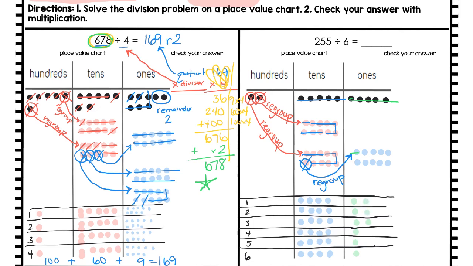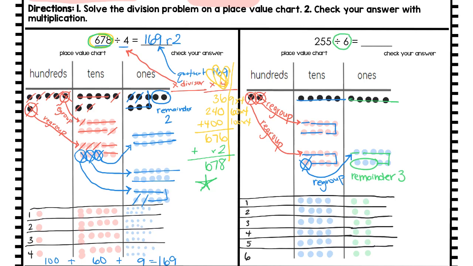7, 8, 9, 10, 11, 12, or 6 more. And I have 3 left over. And we call those leftovers remainders. So I have a remainder of 3. I can have a remainder of 3 because it's still less than my divisor.